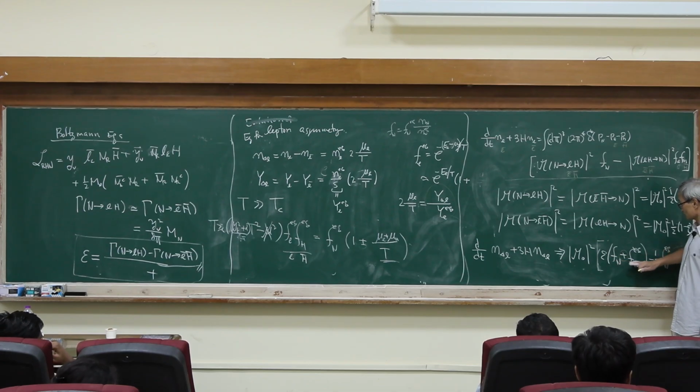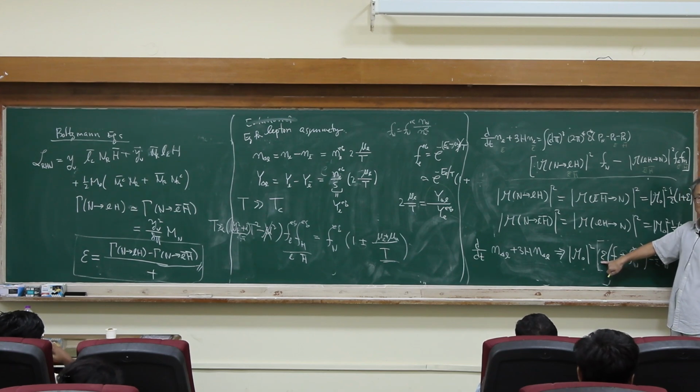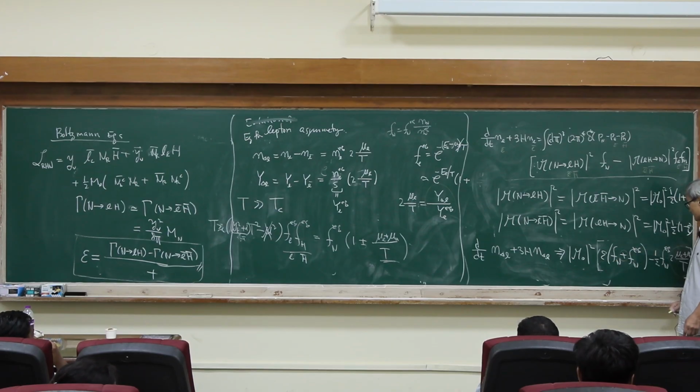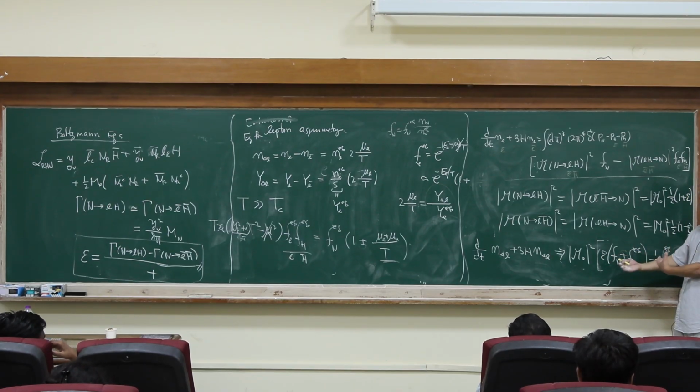N decays to right-handed leptons, then for each N we get an asymmetry of amount epsilon. And then this quantity also should be of the same order of epsilon. So it's producing asymmetry, it's recovering symmetry.